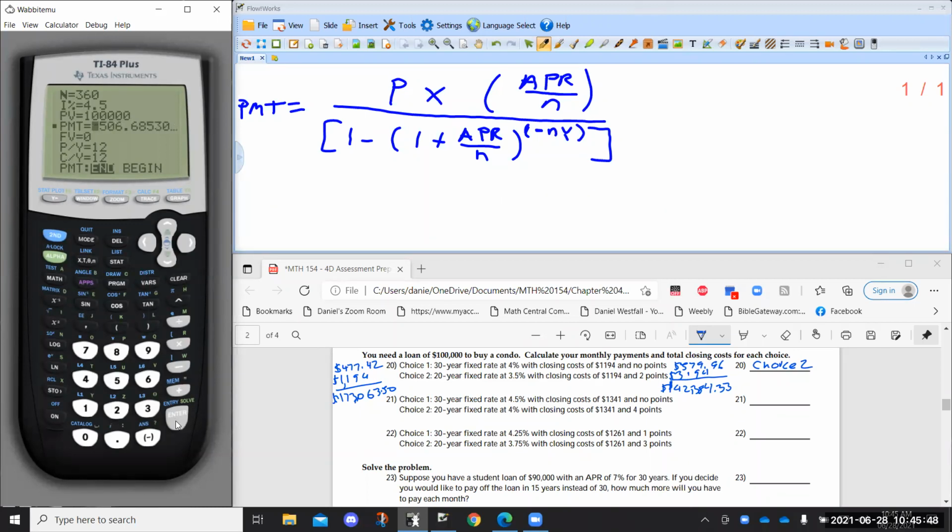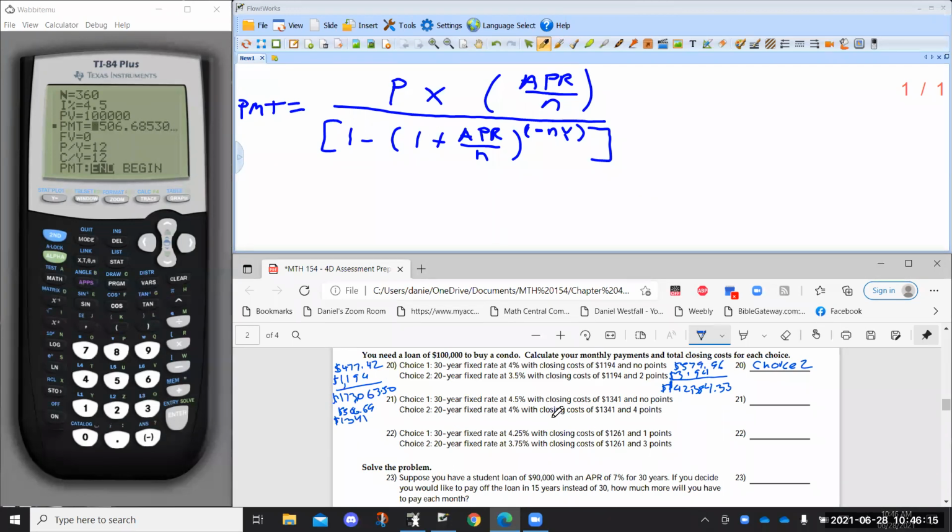So we're going to have a monthly payment over here of $506.69. Closing costs, again, were a simple 1, 3, 4, 1 with no points.